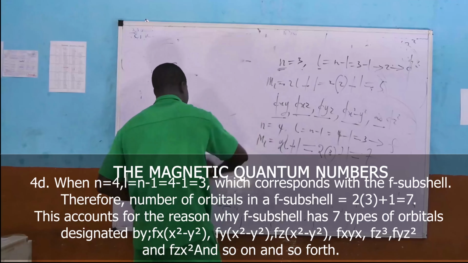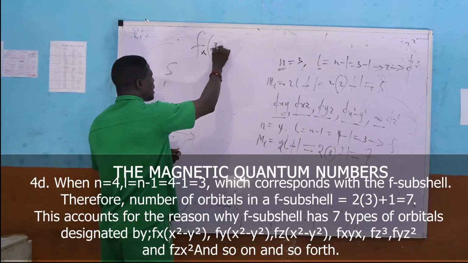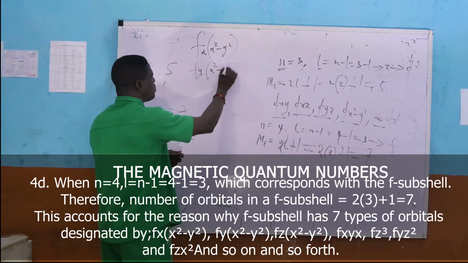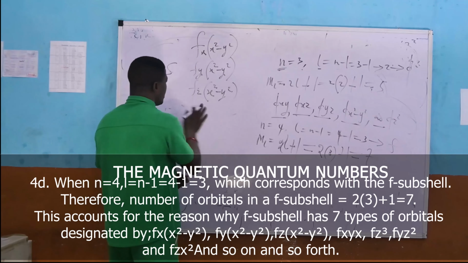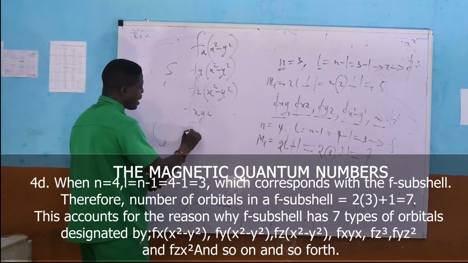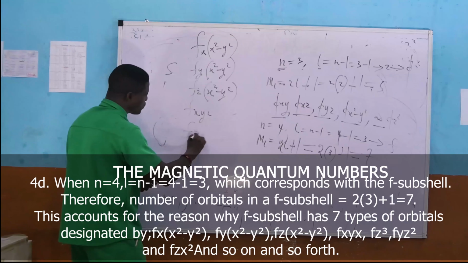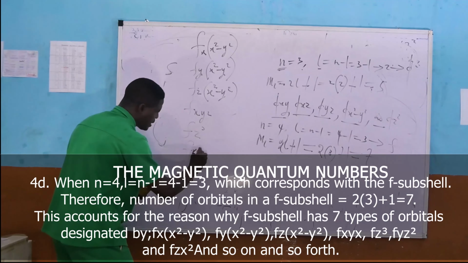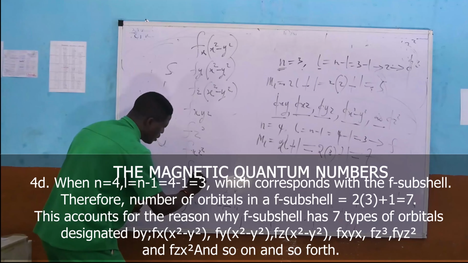And these are today conventionally designated as fx(x squared minus y squared), fy(x squared minus y squared), fz(x squared minus y squared), then you have fxyz, then you have fz cubed, then you have fxz squared, and you have fyz squared.